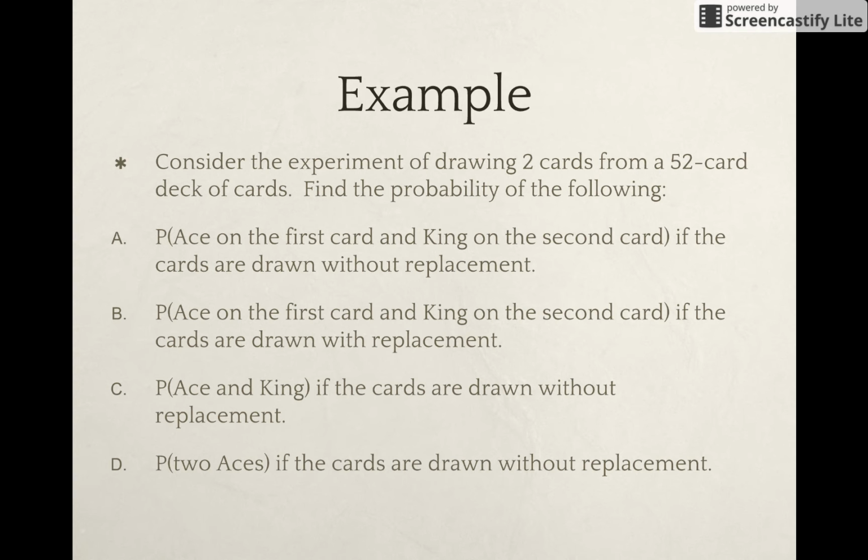That language, drawn without replacement, means that you select your first card and you keep it, and then you select another card. B, probability of an ace on the first card and a king on the second card, assuming that the cards are drawn with replacement. And again, this replacement would be you select a card and then you put it back in the deck before you select the second.